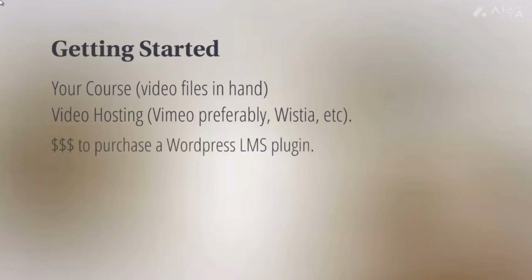And of course, you'll need to have some money to purchase a WordPress LMS plugin. There are some free ones out there, but what we found over the years is that free is not always the best. So you want to make sure that you put yourself on a good platform that is constantly updated and grows as you grow.